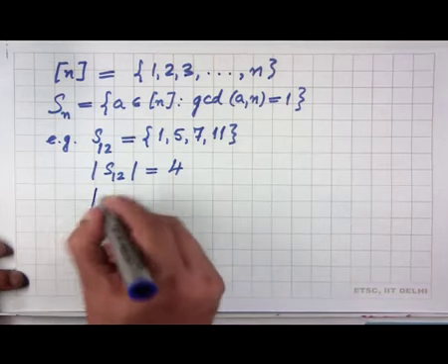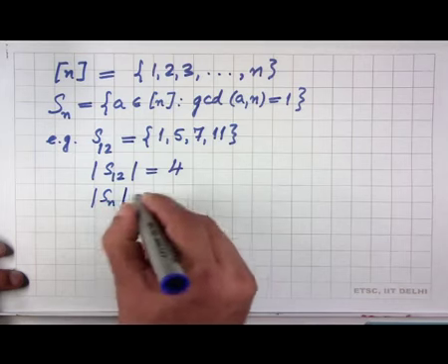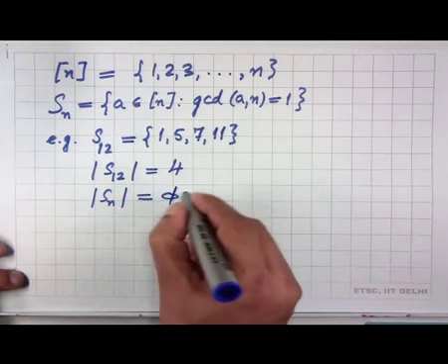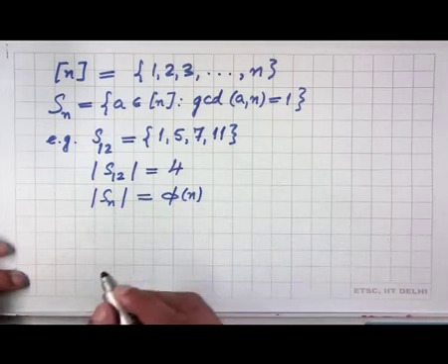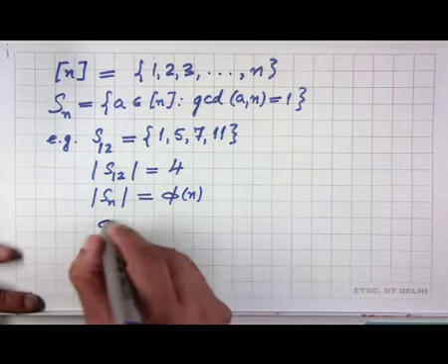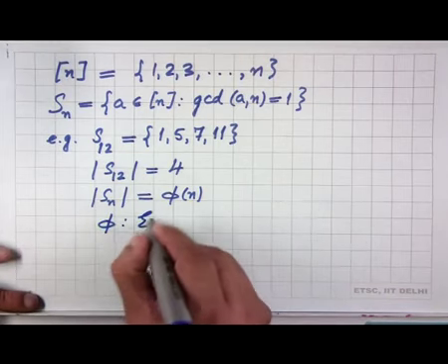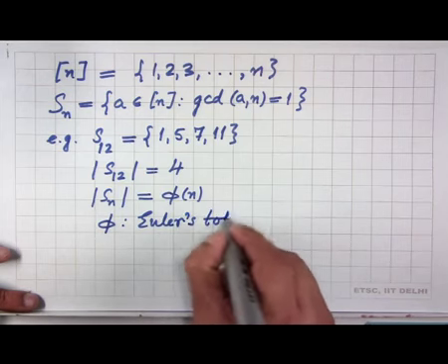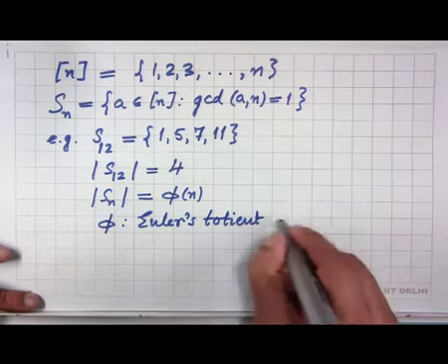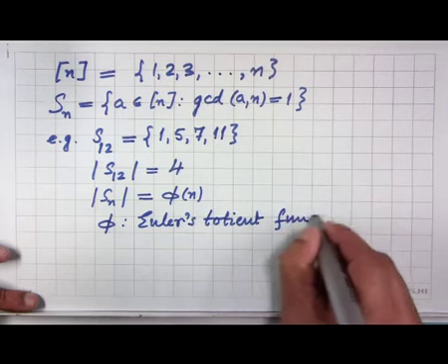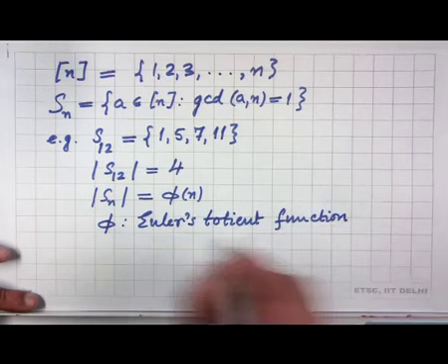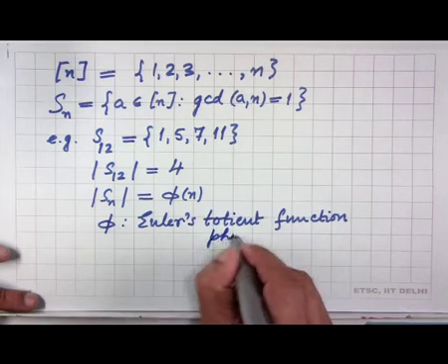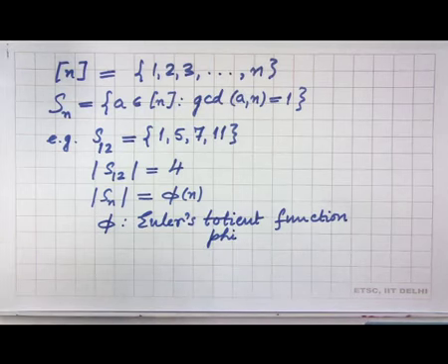More generally, if I look at this Sn, the number of elements in such a set is what we call phi. This phi is called Euler's totient function, or sometimes called Euler's phi function. That is the Greek letter that symbolizes it.